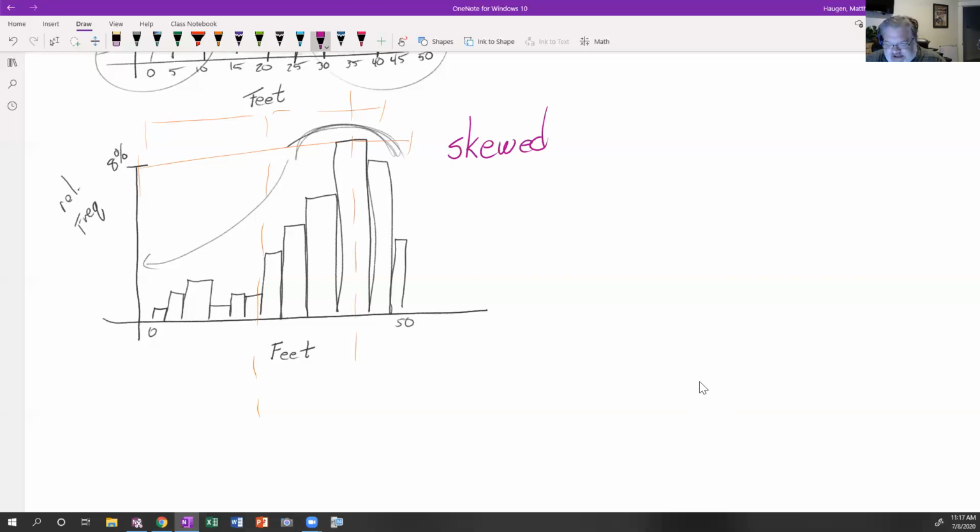The difficult thing can be, which direction are we going to say this is skewed? Stephanie, you said that it's a skewed left distribution. Why left as opposed to right?